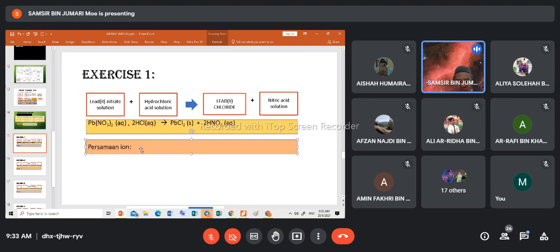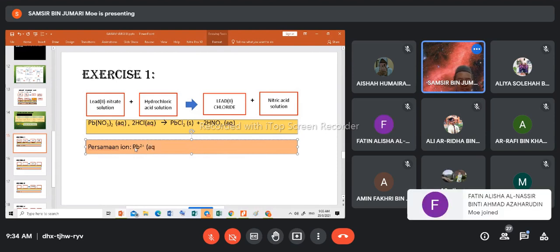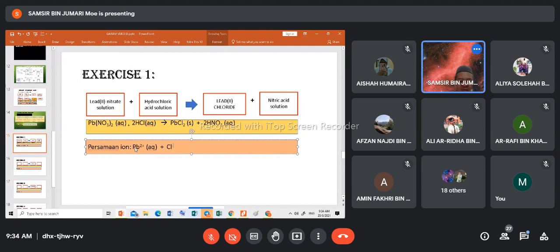The ionic equation is between the lead ion and the chloride ion. You must write it like this as well.